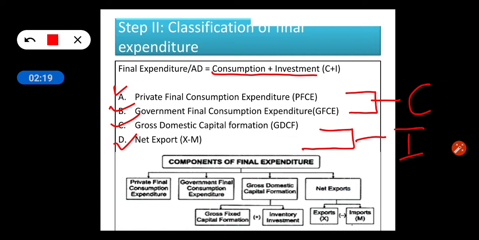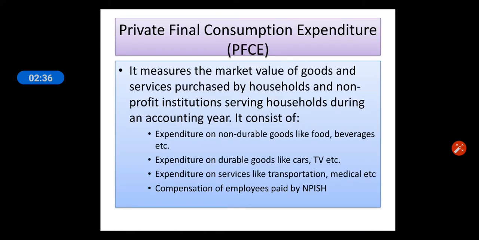Net export is an investment done with the rest of the world. So if you add up C and I, we will get our final expenditure. Now we will explain all these four types of expenditure with all their components in detail. First, private final consumption expenditure.